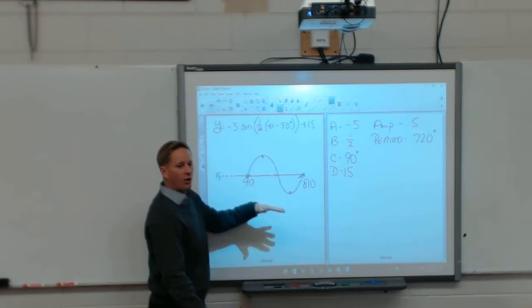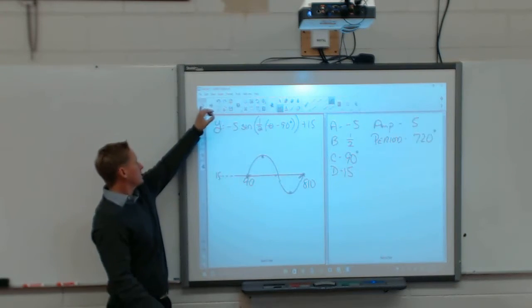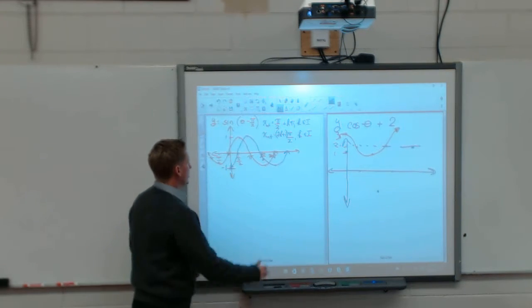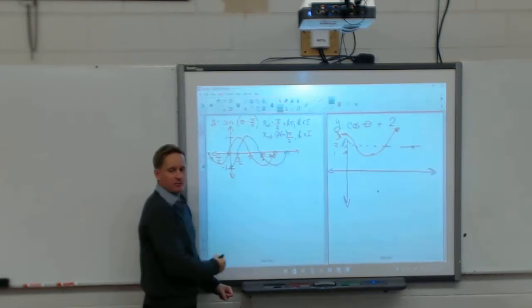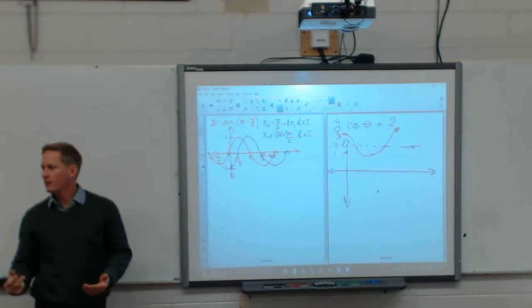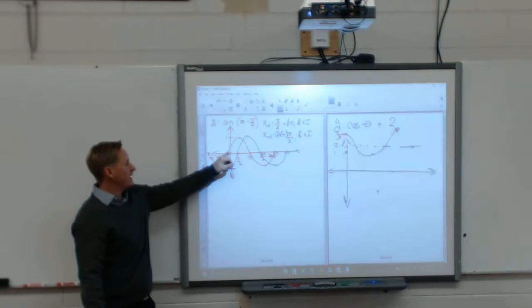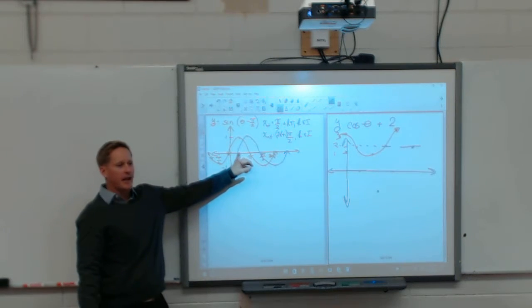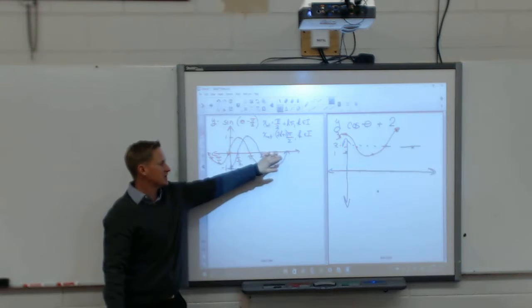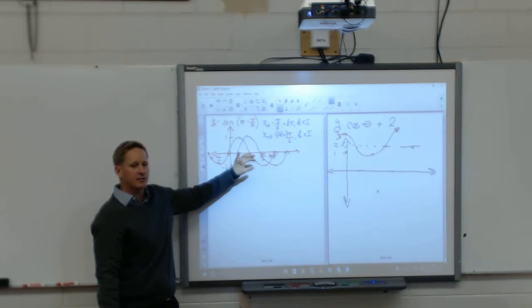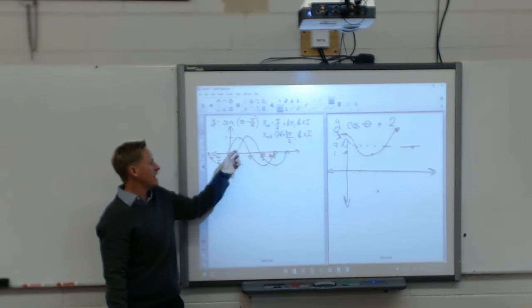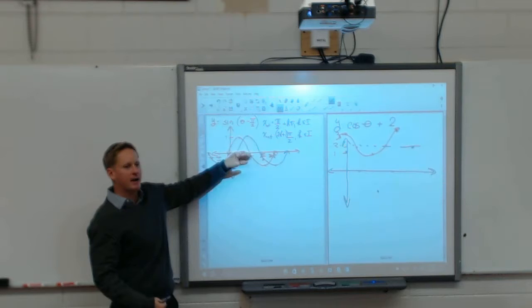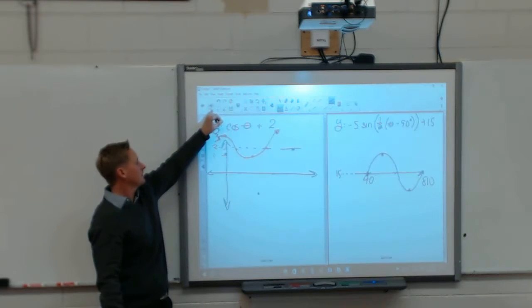Because remember, I moved my whole axis up. So let's just go back a page here. So here's my standard graph, right? This red line right here represents my sine graph. Okay? So I moved it 90 to the right, so I moved it to there. And then I moved that line up 15. So I took this x-axis here, which was my equilibrium axis, and I moved it up 15.